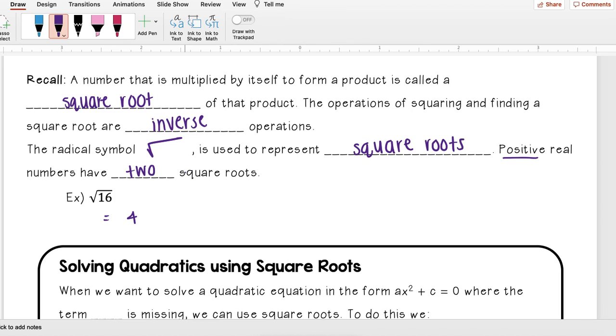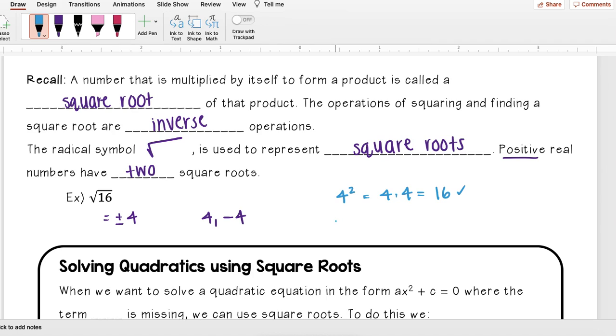So how do I get 2? Well, it's actually going to be the positive 4 and negative 4. That's really just saying 4 and negative 4 are my answers. The reason why is if I take 4 and square it, that's 4 times 4, which equals 16.